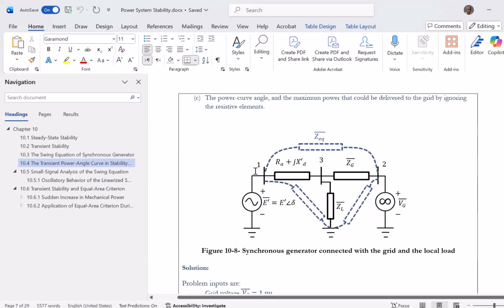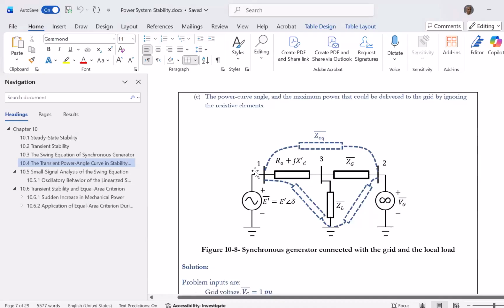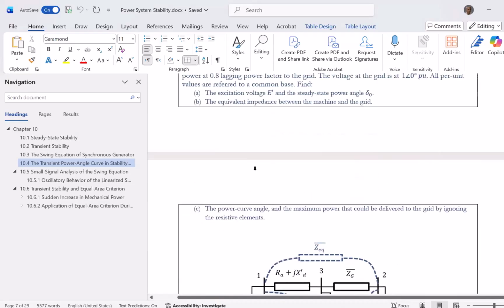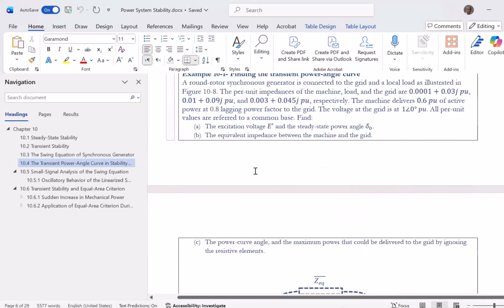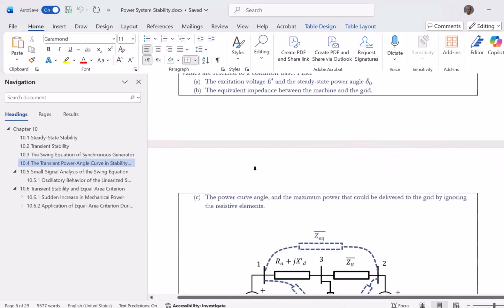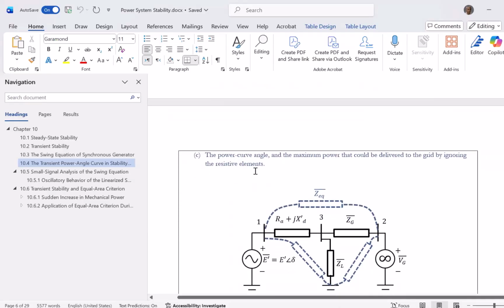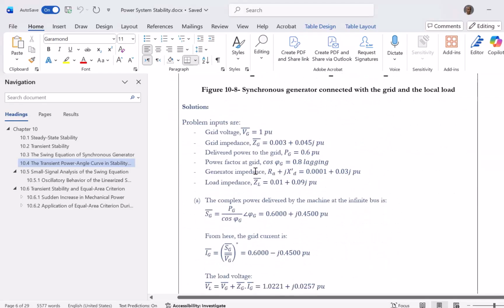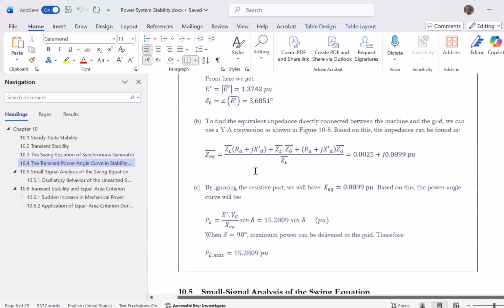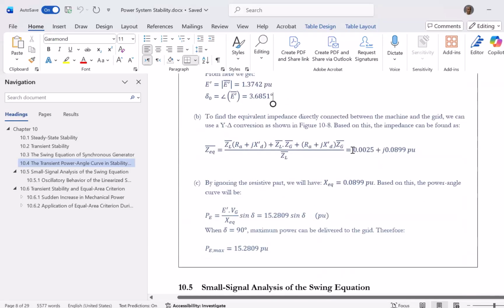So part B is done through this conversion from Y into a delta. And in part C, we want to find the power angle curve and the maximum power that could be delivered to the grid by ignoring the resistive elements. So once you find that Z equivalent, we're going to ignore the resistive part.